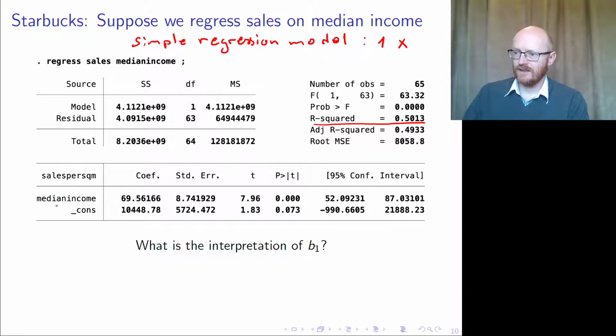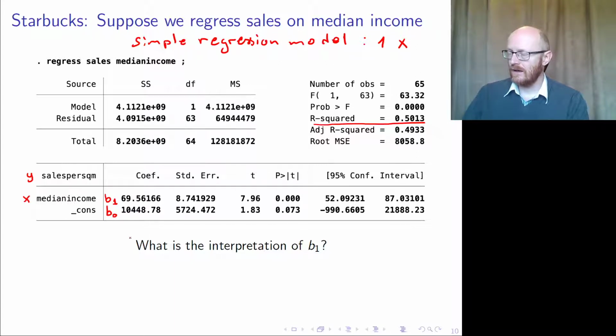Down here we have our y, sales per square meter, and our x, median income, and our intercept and our slope.